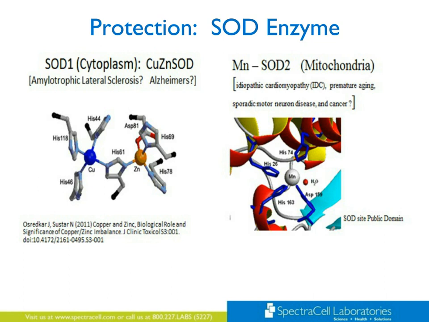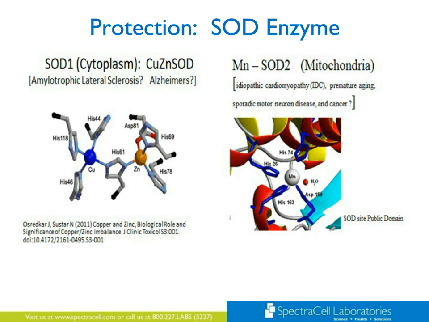If there is deficient SOD2, this is thought to lead to premature aging and perhaps cardiomyopathies, neuronal disease, and then possibly cancer as well. So it's critical to have sufficient copper, zinc, and manganese in order to make these enzymes.